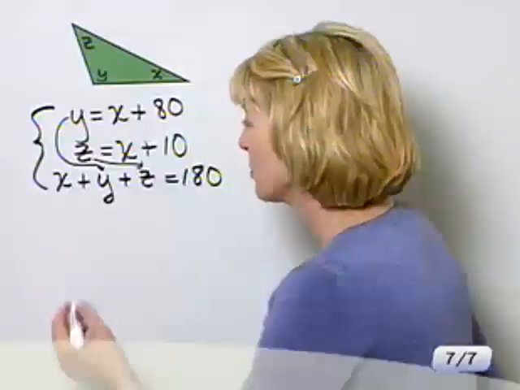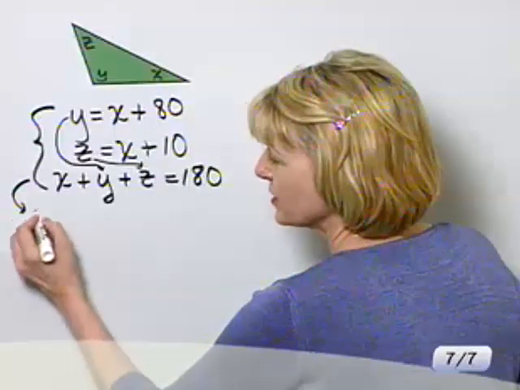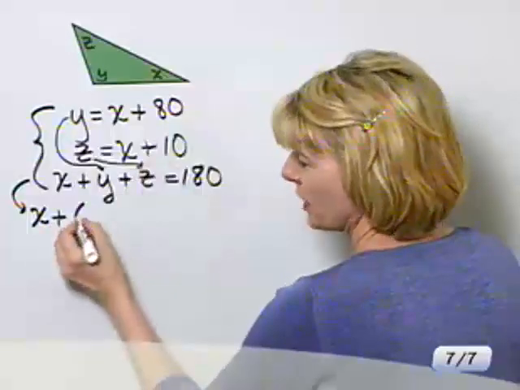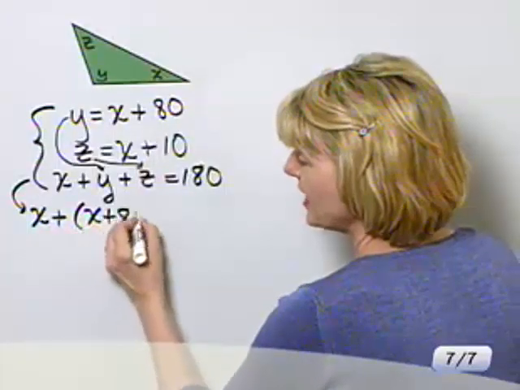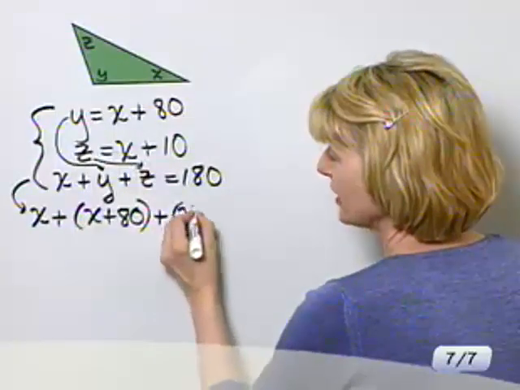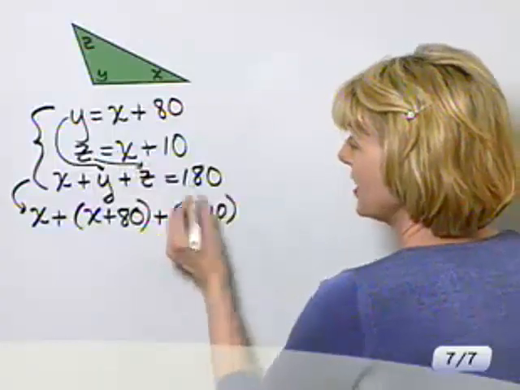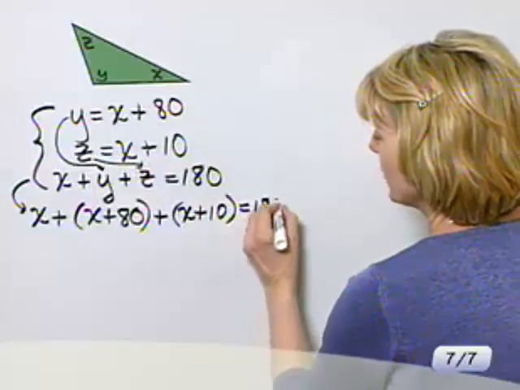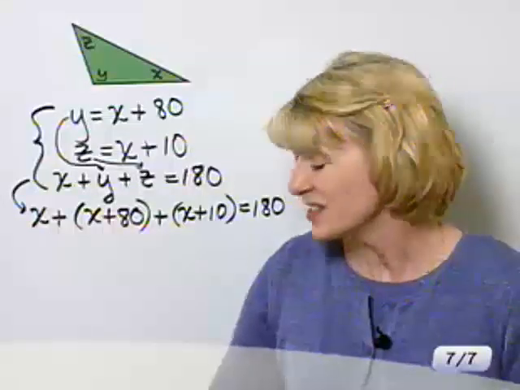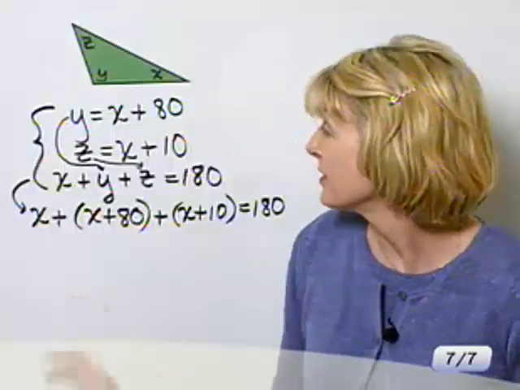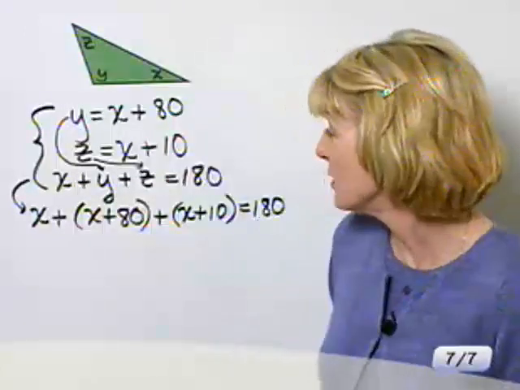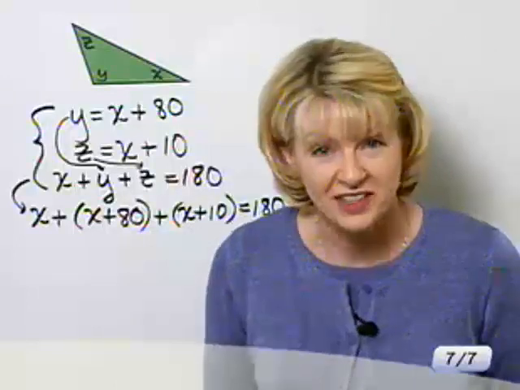So let's do so. I'm going to rewrite this equation, X plus, instead of Y, I'll write X plus 80. Plus, instead of Z, I'll write X plus 10. And that equals 180. Of course, you can use the substitution method. You can use other methods, but it is a good idea to study your system for a moment before deciding how to proceed.